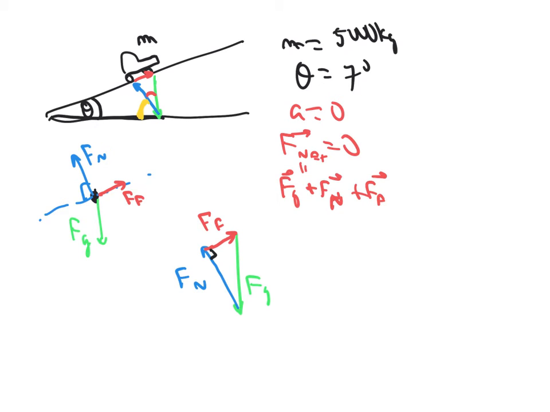So we can see that if we do some trig stuff, and I'm going to start with, I guess, the sine. Let's call that theta. We'd have that the sine of theta is always the opposite side over the hypotenuse. And in this triangle, the hypotenuse is clearly FG.